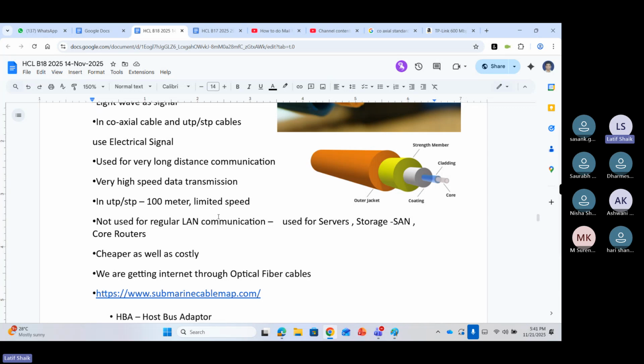But the point is, you have to ask what the cost of both is. What is the 1 meter cost of fiber optical cable and twisted pair cable? Then you get to know the difference. Otherwise, we don't know. At that time fiber optic cables were very less available outside. Obviously, if it is rare, it is very costly. Now there are more fiber optical cables.